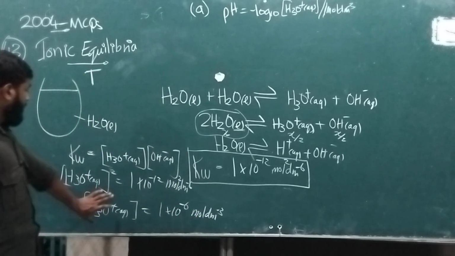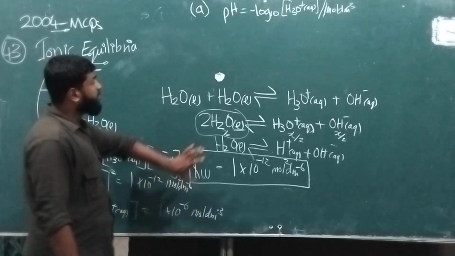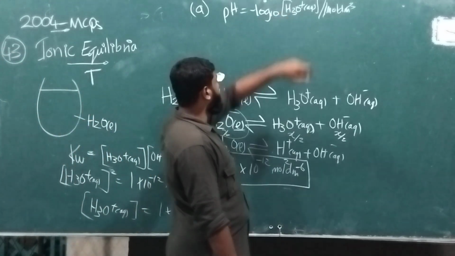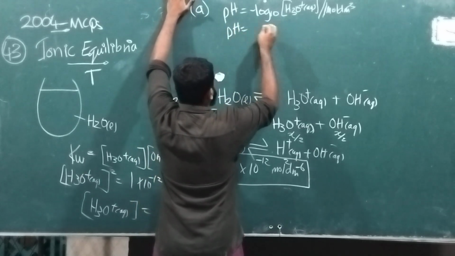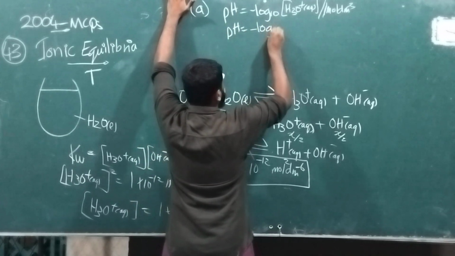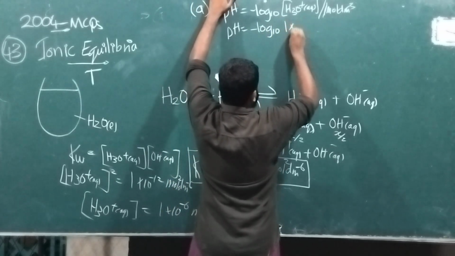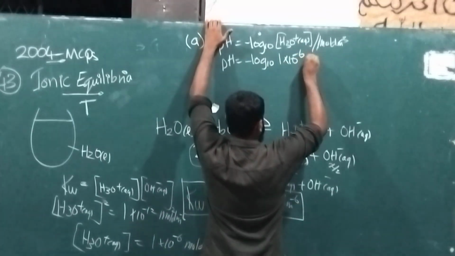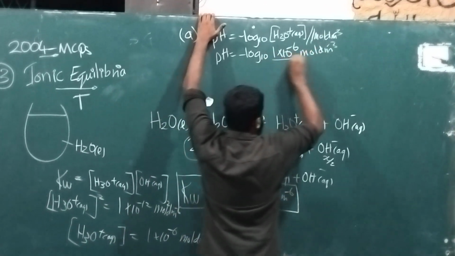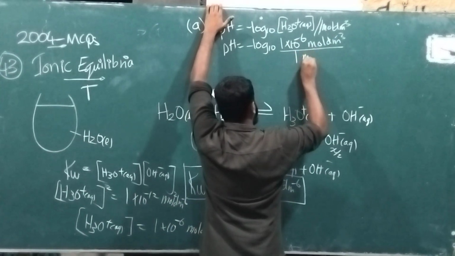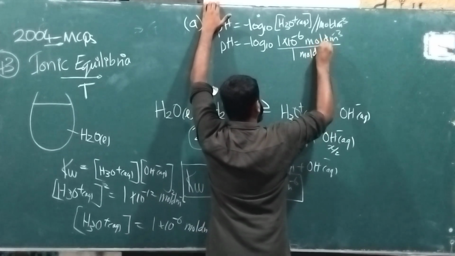Now you have this concentration of H3O plus. If you substitute here, you get pH is equal to minus log 10 of 1 into 10 to the power minus 6 mole decimeter minus 3 over 1 mole decimeter minus 3.